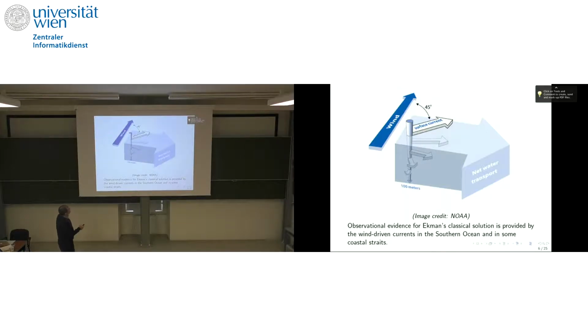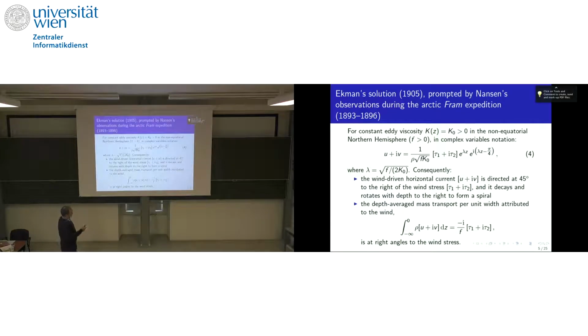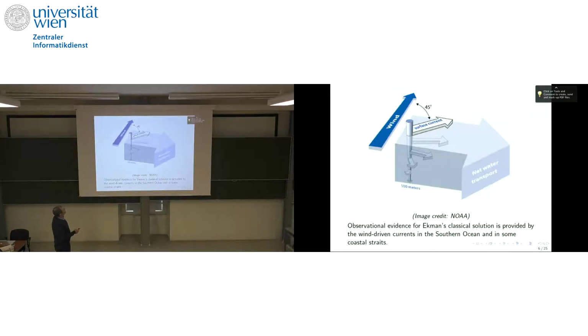In addition, you can also take an average to get the mass transport, and you can compute this explicitly, it's just this. What it means is that the mass transport is always at 90 degrees to the wind direction.